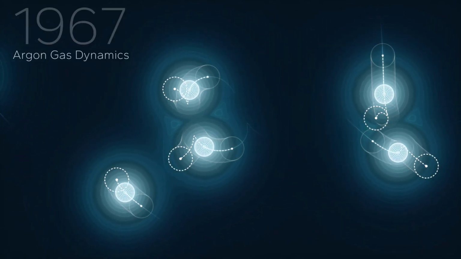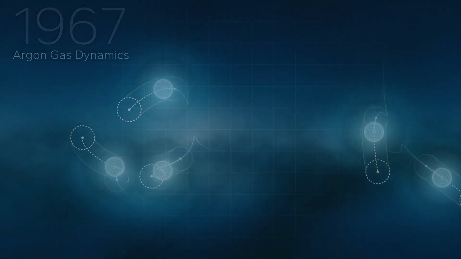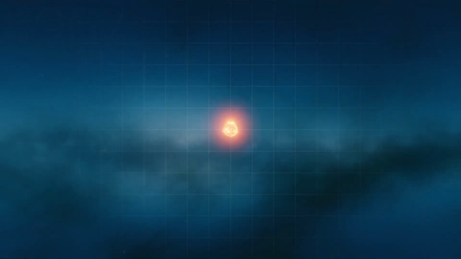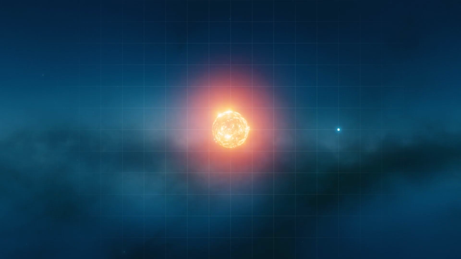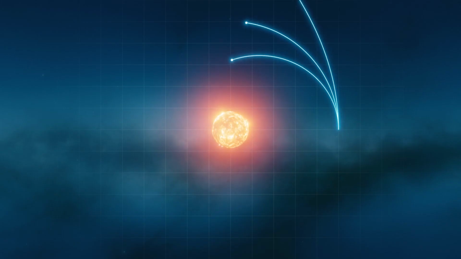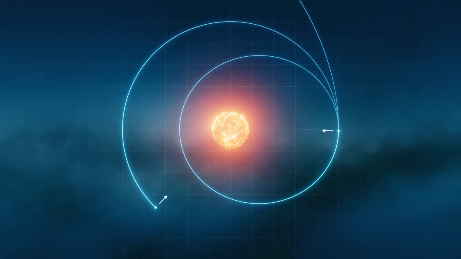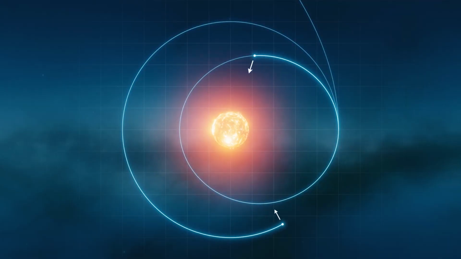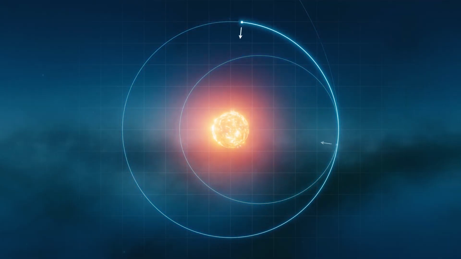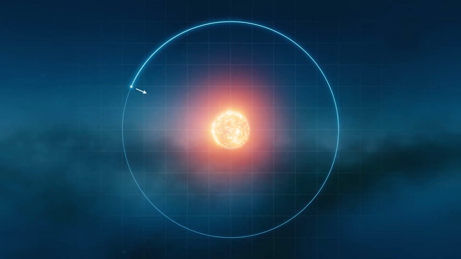lines of code. If you take a massive body like the Sun and a tiny one like an asteroid, Newton's law of universal gravitation will make it orbit in an ellipse, a hyperbola, or in the special case a perfect circle. And in that idealized case, you know exactly where it will be, even a million years from now, always somewhere on that circle.